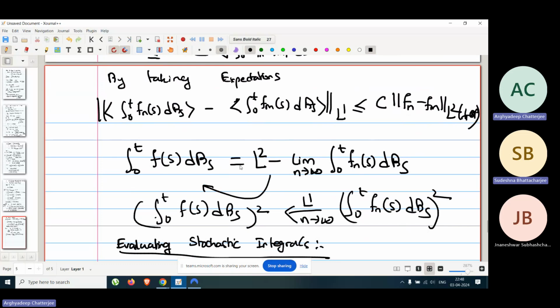If you see them as martingales, then we have this L2 of the endpoint. If we replace t by capital T, then capital T itself will be enough for the entire martingale process.